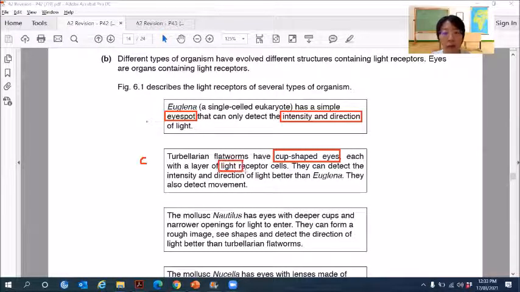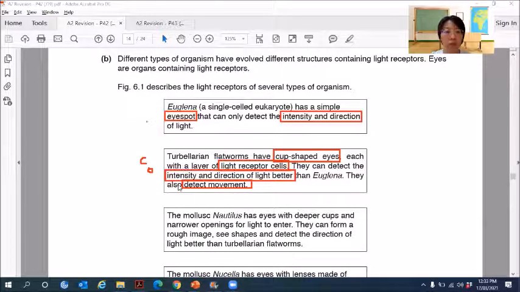So can you see the change here? Now we have got light receptor cells. So let's draw the cell, a light receptor cell. And they can detect intensity and direction of the light better than the Euglena. And in addition, they can detect movement. So this is something additional in this group here.